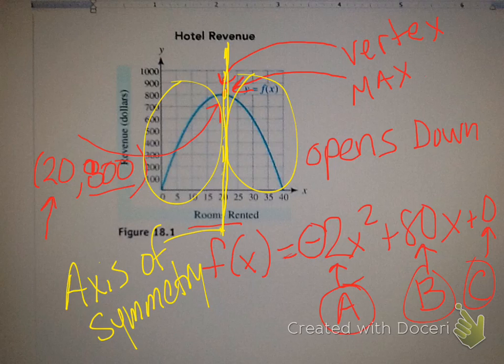They'll ask you for that line, that axis of symmetry. You notice the line is vertical, and so vertical lines are always x equals. What is the x at that point? The x was 20. So the axis of symmetry is x equals 20, the line at which that symmetrical picture happens.